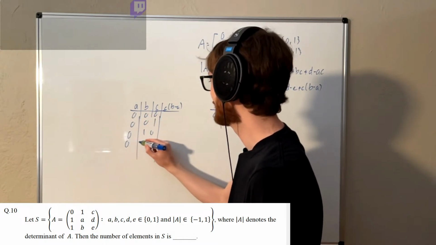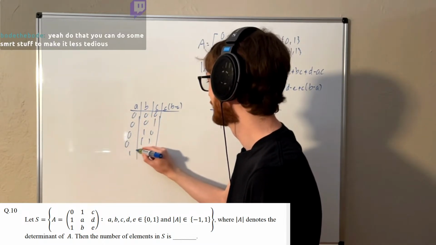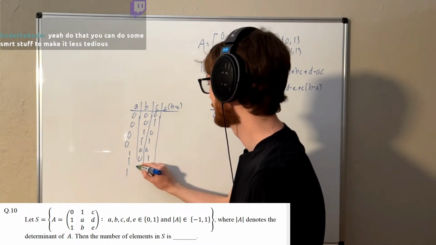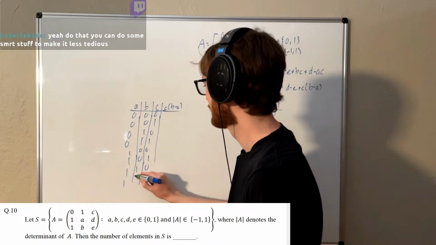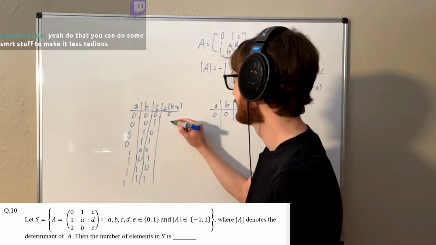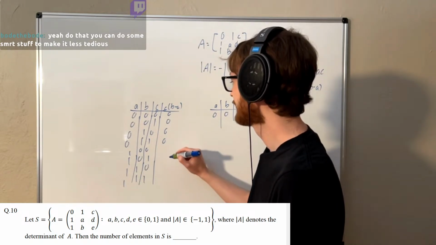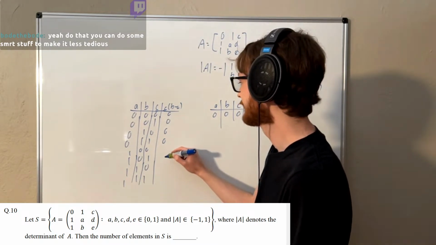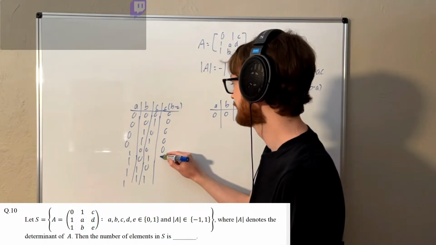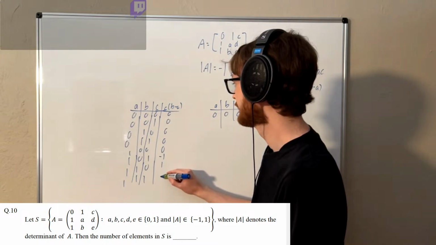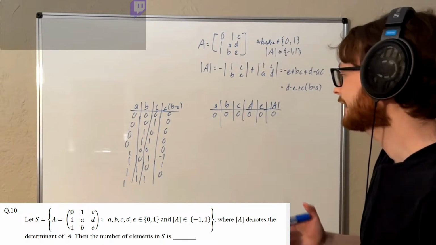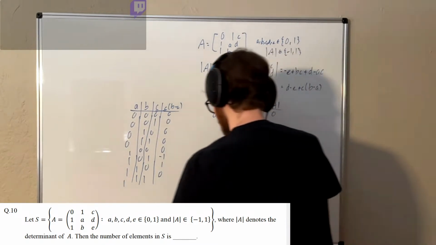This is only 8 possibilities. I don't know. It's still kind of messy. You do only get... yeah, I don't know how you exactly use that.